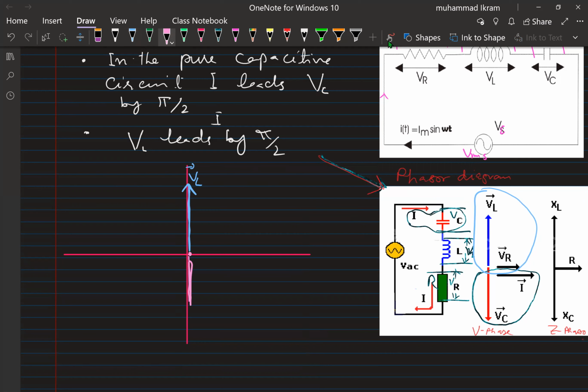This is the VC. So what will be the resultant for this?